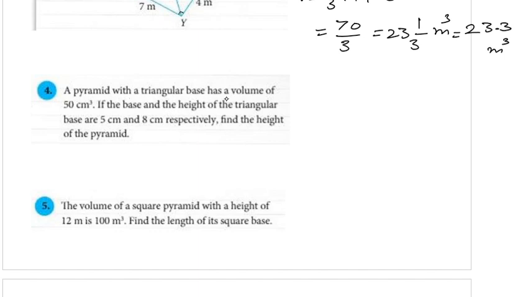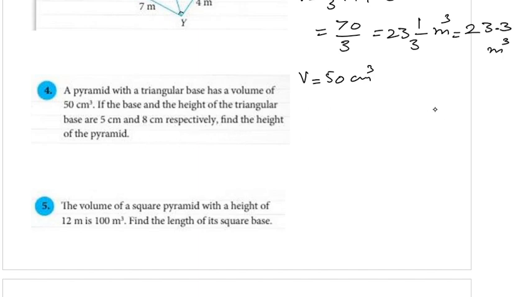A pyramid with a triangular base has a volume of 50 centimeters cube. So here we are given the volume, which is equal to 50 centimeters cube. And if the base and the height of the triangular base are 5 centimeters and 8 centimeters respectively, find the height of the pyramid.